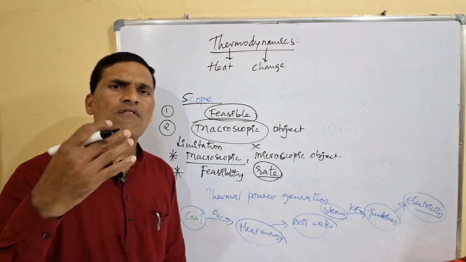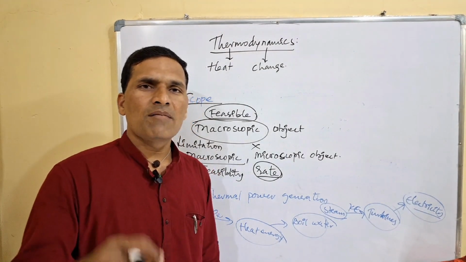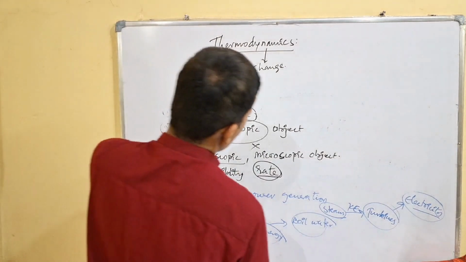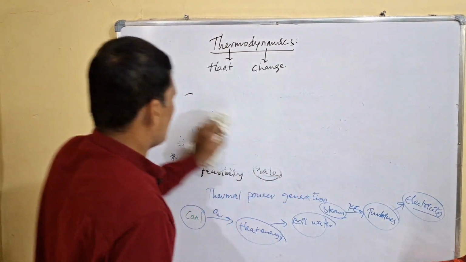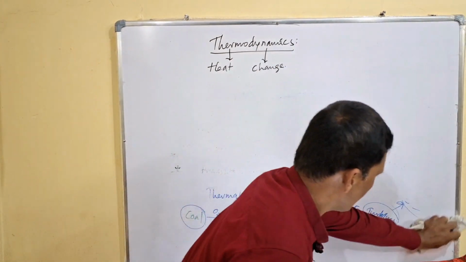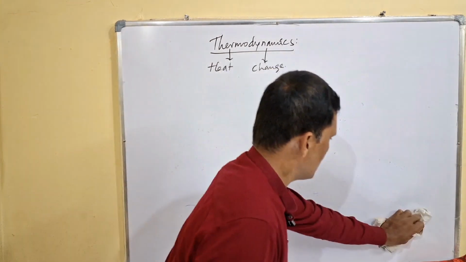Well, prior to going for various aspects of thermodynamics, let me define some terms which we come across in this. When you want to go for a thermodynamic study, we will come across various terms and we have to fix certain things, and those terms we will discuss first.